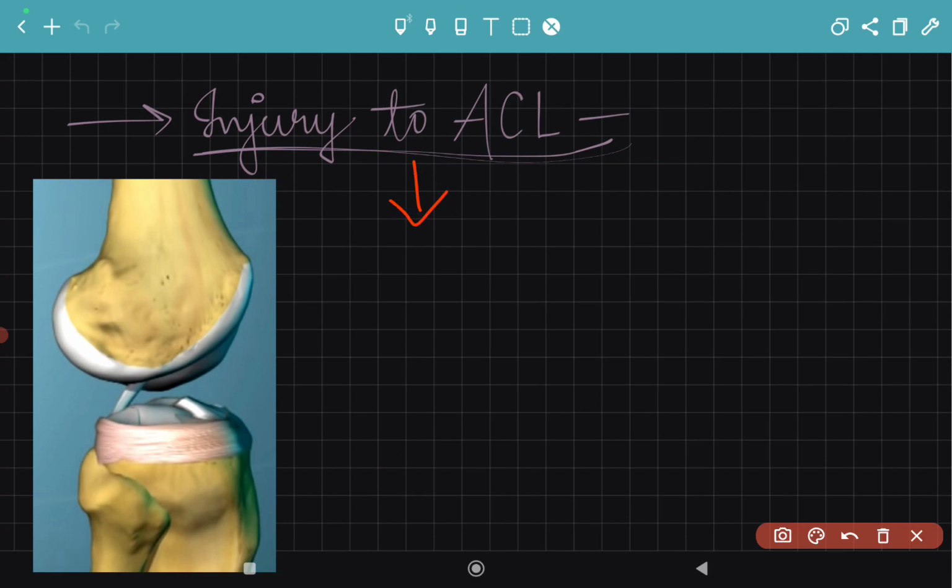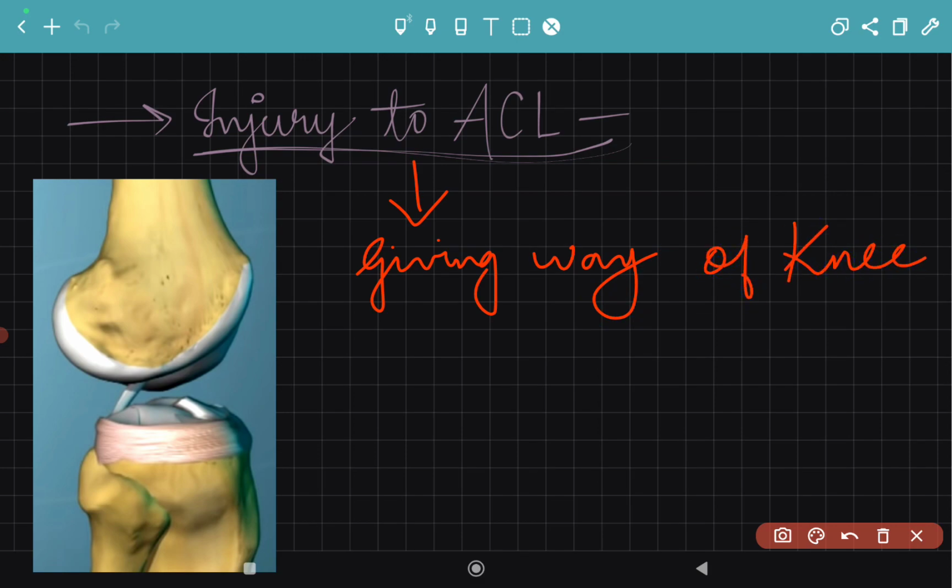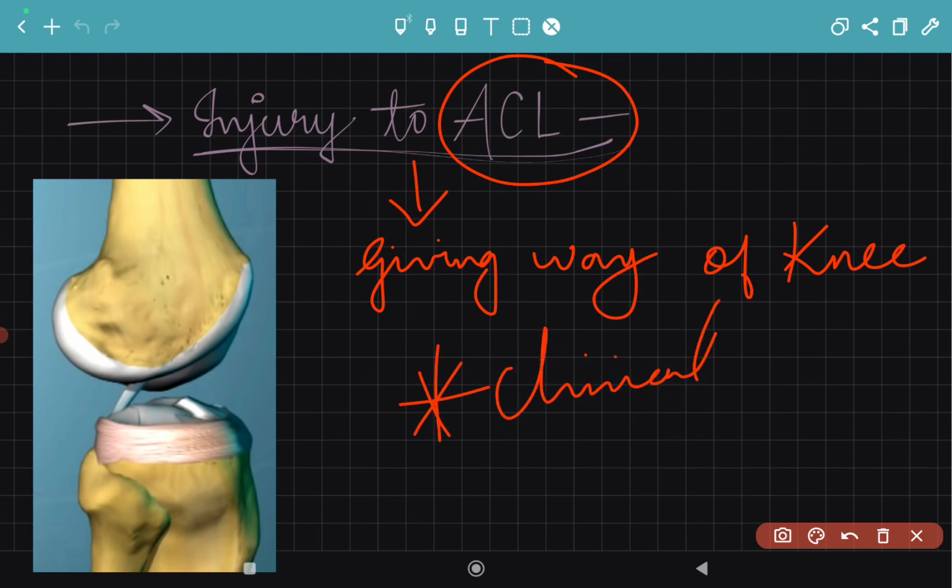And this, as I said, the patient will explain to you while walking or running: the knee gives way, or giving way of the knee, due to absence of the ACL ligament. So this is an important clinical aspect to keep in mind.